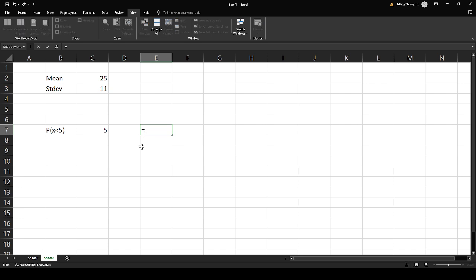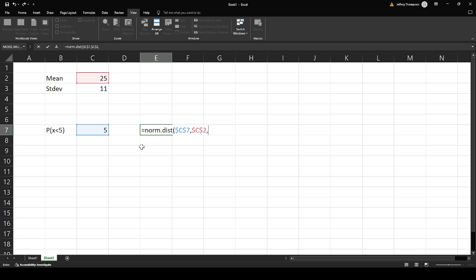And I'm going to find this probability by using the NORM.DIST function, but I'm not going to need to calculate the z-score. It's asking me for what my variable x is, so it's going to be C7, which is the 5. Then the mean, which is C2.